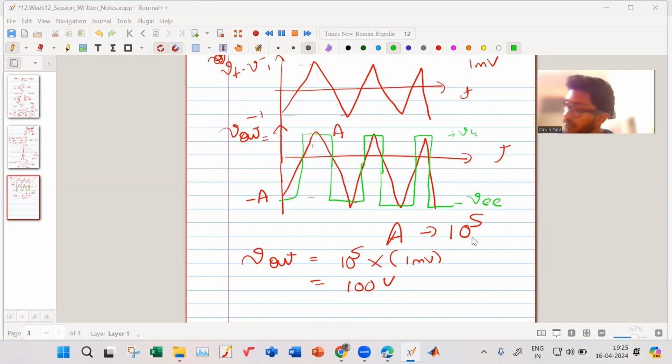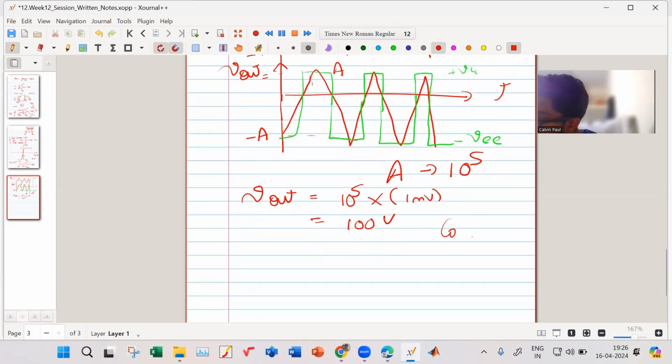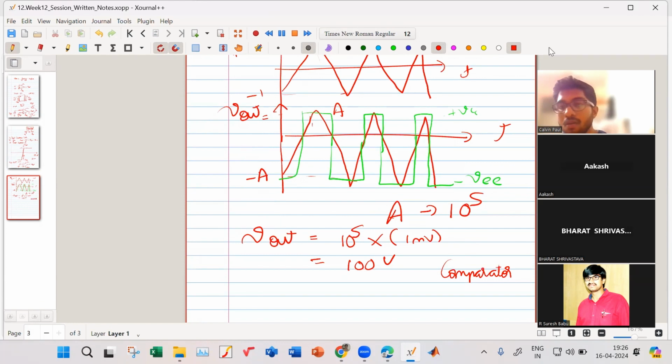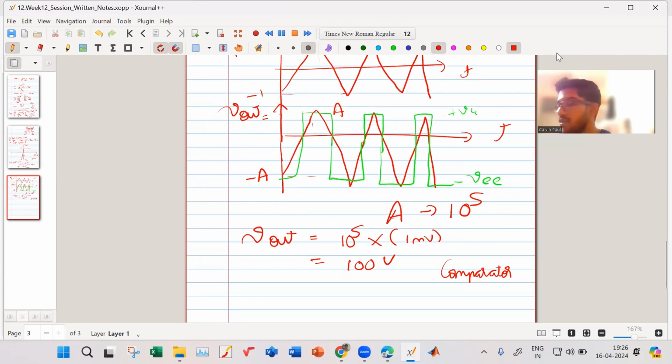So this is how it is. Now in this case, it is working as a comparator. In this application, it is working as a comparator. So are there any queries till now? No, sir.